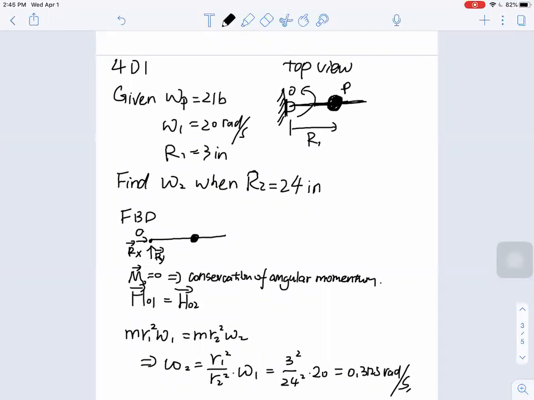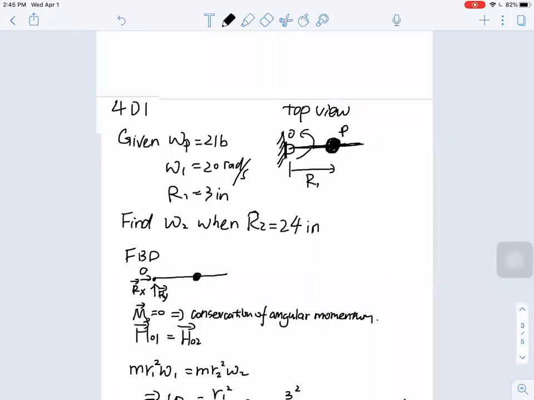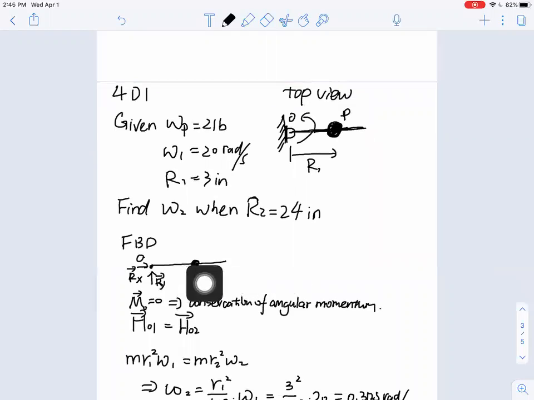Okay, I've got another question here. Cohen's asking, what about the weight of the particle? Would that affect the free body diagram? Cohen is asking why I don't have the weight force on our free body diagram. The setup of the problem is that we're looking at a top view of a horizontal plane.